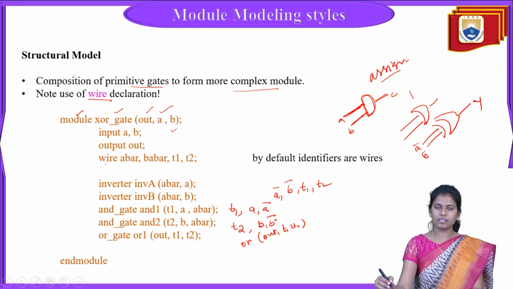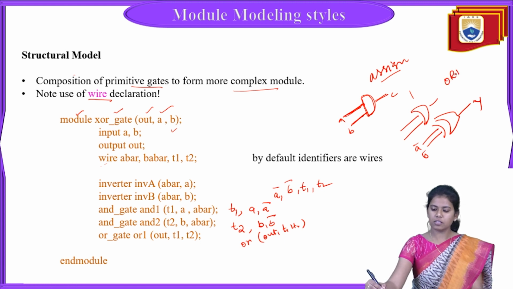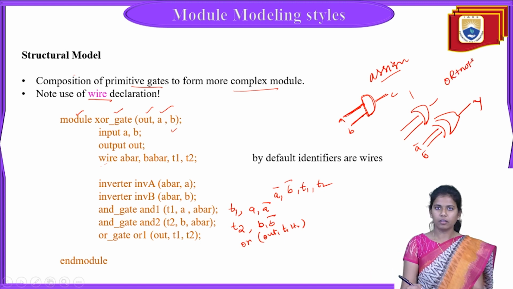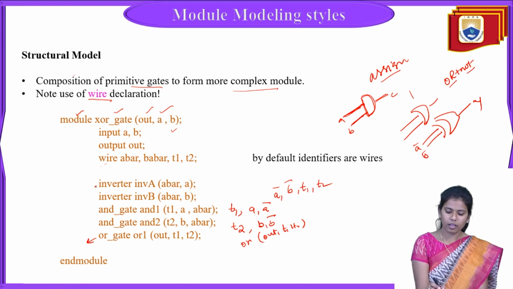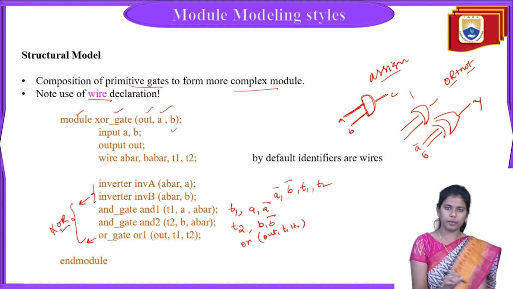So XOR is nothing but a combination of AND, OR and NOT gates, isn't it? The combination of these is the XOR gate.